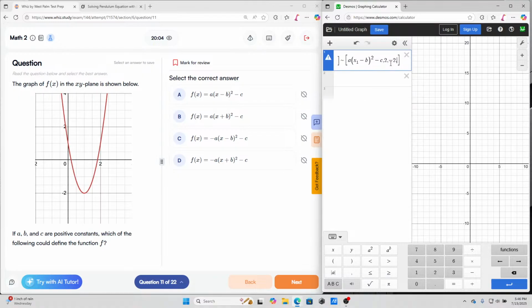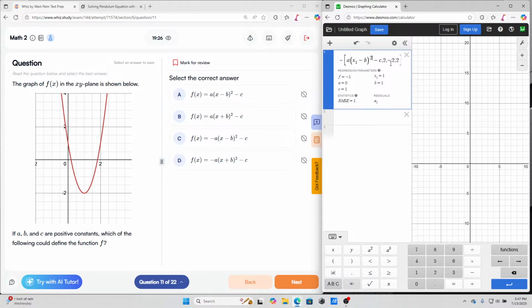Then at 2 it's equal to 2 again. Okay, so let's see here. They're all positive. If I put a negative here, then does anything happen? What if I put a negative here? Here.